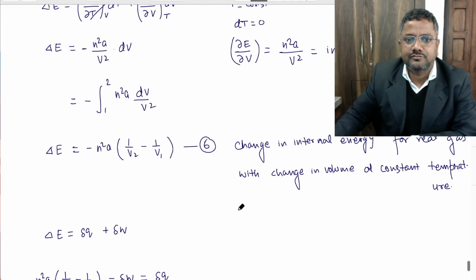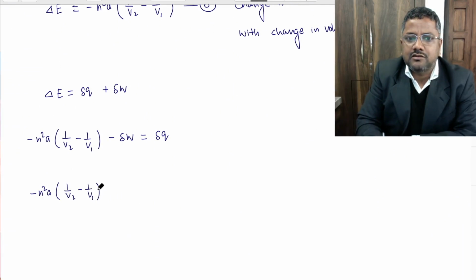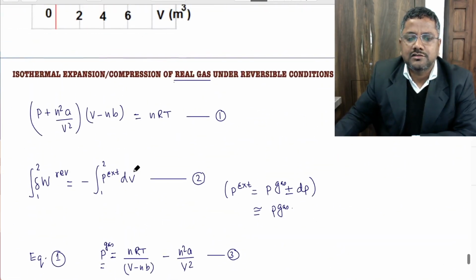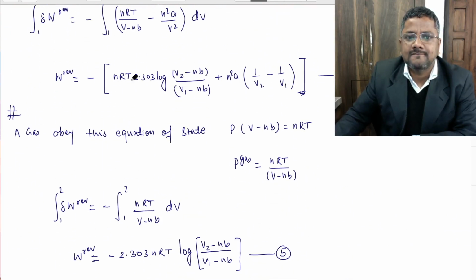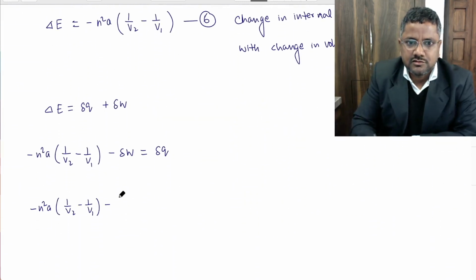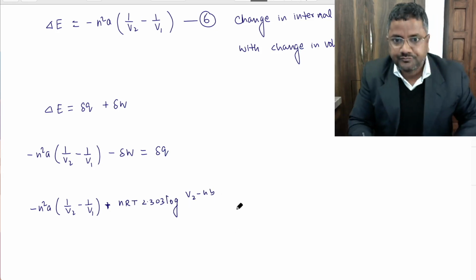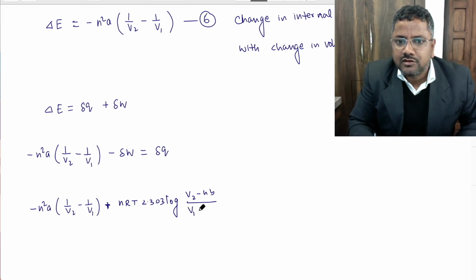So minus n square a (1 by V2 minus 1 by V1) minus, minus nRT 2.303 log (V2 minus nb) by (V1 minus nb).